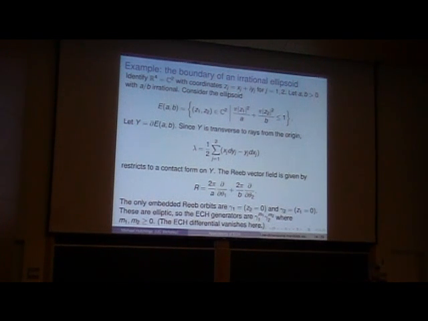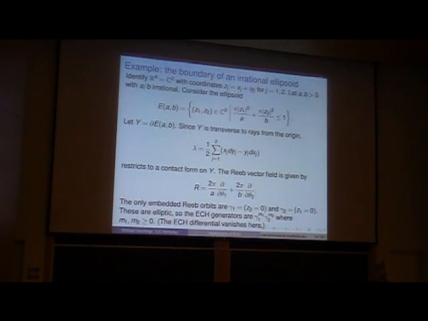You'll see later why I put the factors of pi there. Now, it's a general fact that if you have any hypersurface in R4 which is transverse to the radial vector field, so transverse to rays starting at the origin, then it has a contact form given by the restriction of this one-form to it. You can calculate that the Reeb vector field in polar coordinates just rotates the two C factors at different speeds.